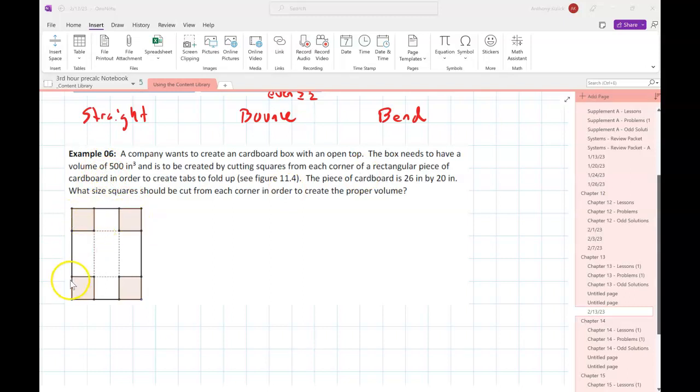So the shaded parts would be the parts that are gone, and you fold up the tabs along the perforated edge here and you get a box, right, with no top to it. The piece of cardboard is 26 by 20. What size square should be cut from each corner in order to create the proper volume?